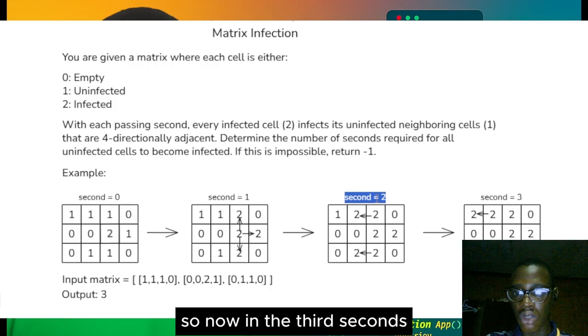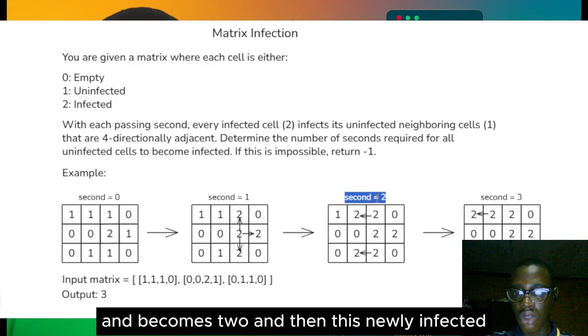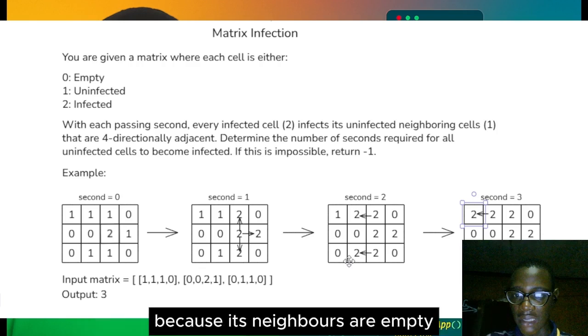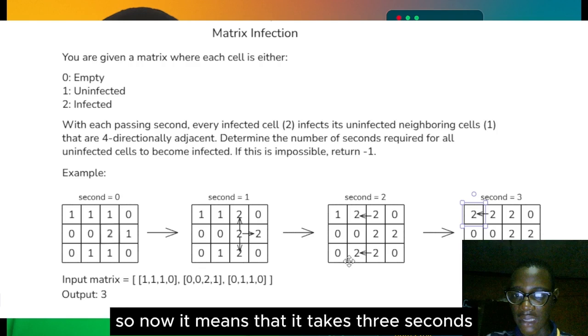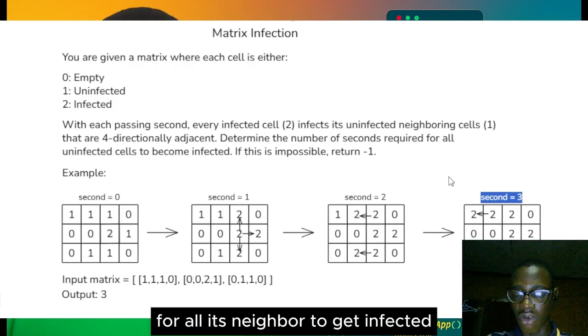So now in the third second, this newly infected cell here is going to infect its nearest neighbor and becomes 2. And then this newly infected one does not have any neighbor to infect because its neighbors are empty while the rest are already infected, right? So it means that it takes 3 seconds for all its neighbors to get infected.